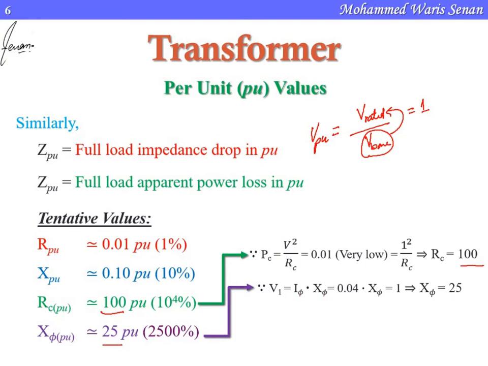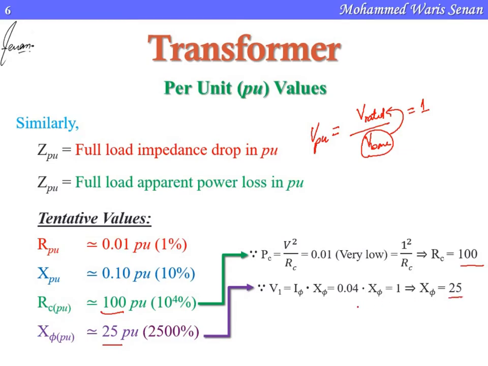So the per unit value of this current will be around 0.04, because it is 4% or 5%. So 4% is 0.04, 5% is 0.05. So we have taken 4%, for example. So X phi is now calculated as X phi is equal to 1 upon 0.04. So it will be equal to 25.